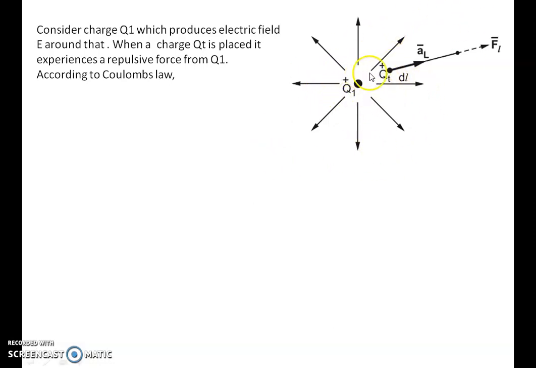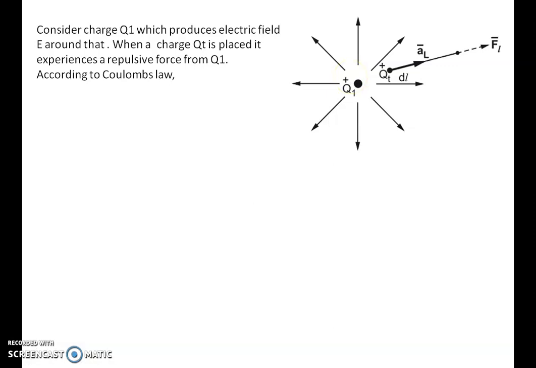So I want to determine the force between these two charges using the electric field intensity and the magnitude of charge. I can calculate the force, right?